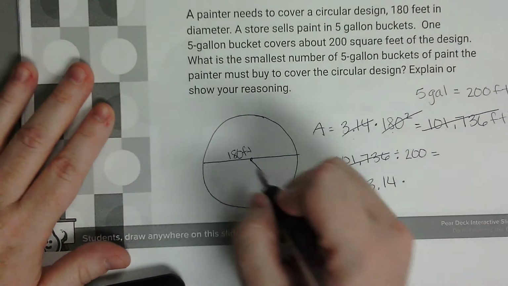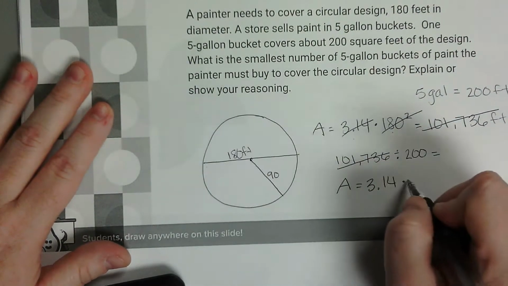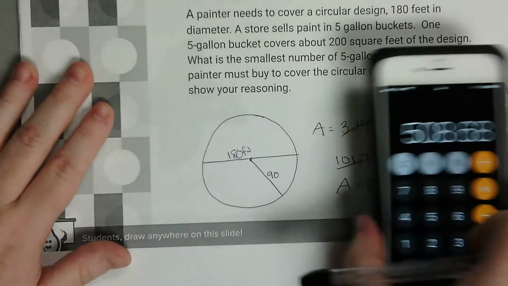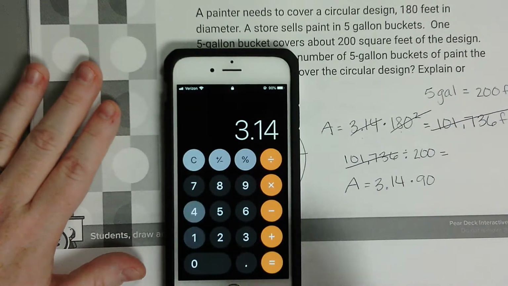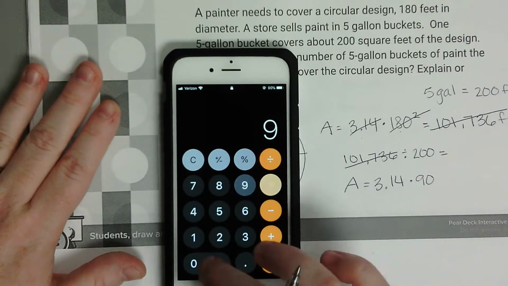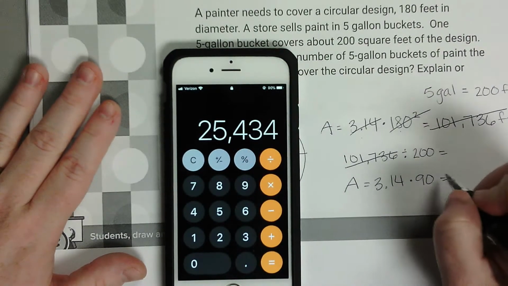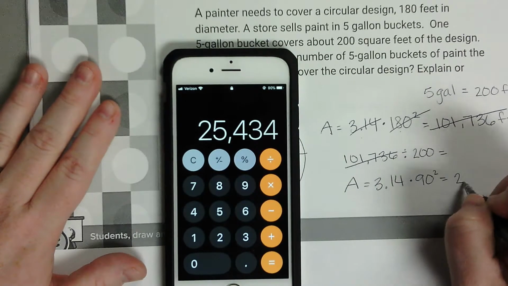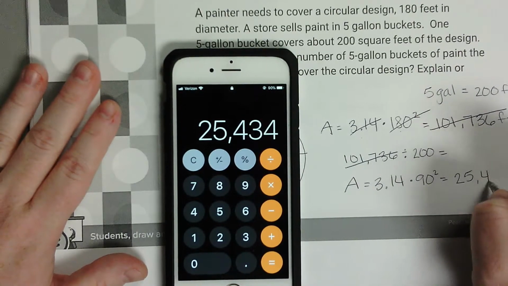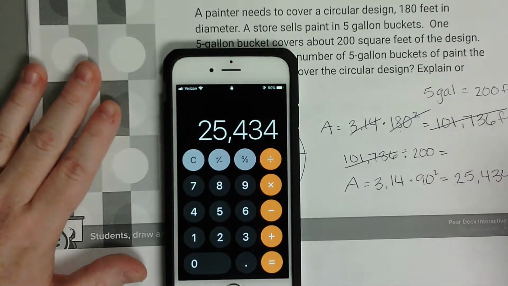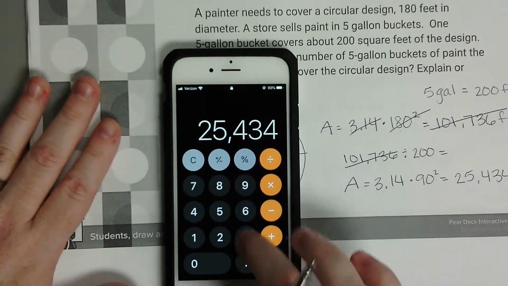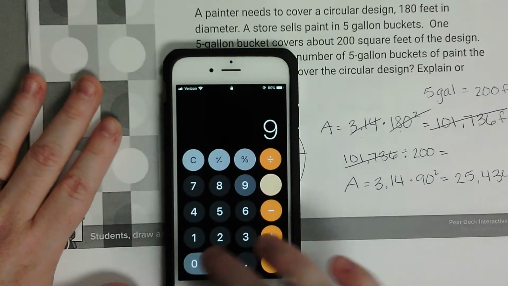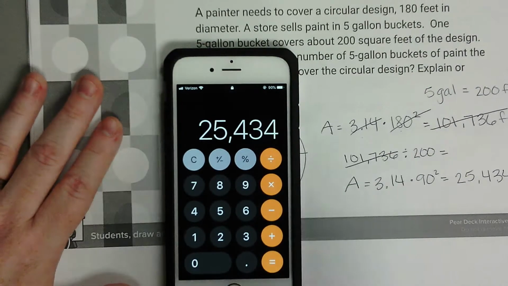So that means the r would be 90. Okay, let's try this again. 3.14 times 90 times 90 is 25,434. I'm going to double check that. 3.14 times 90 times 90. Yep.